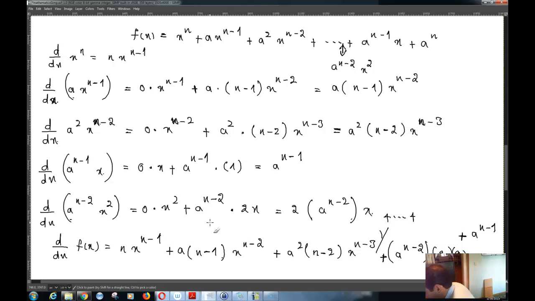So then the derivative of the whole function is this expression, which is n times x raised to the power n minus 1 plus a times n minus 1 times x raised to the power n minus 2 plus a squared times n minus 2 times x raised to the power n minus 3, all the way up to a raised to the power n minus 1.